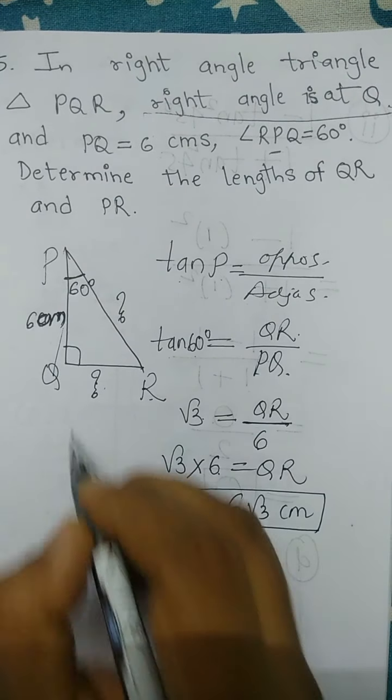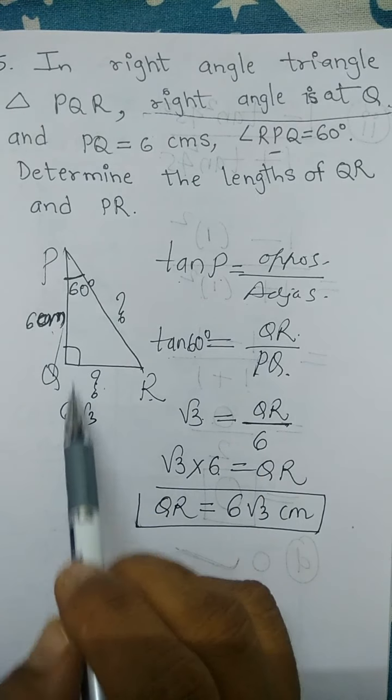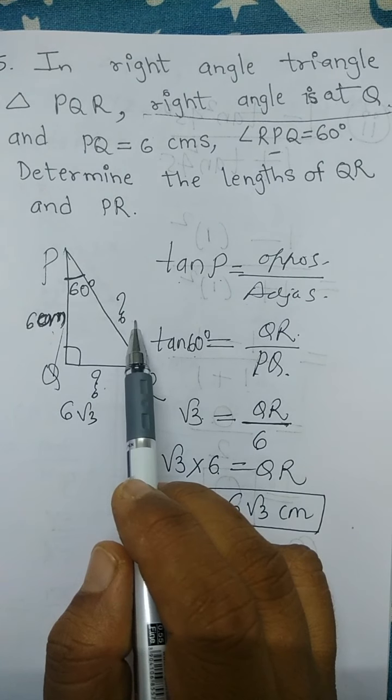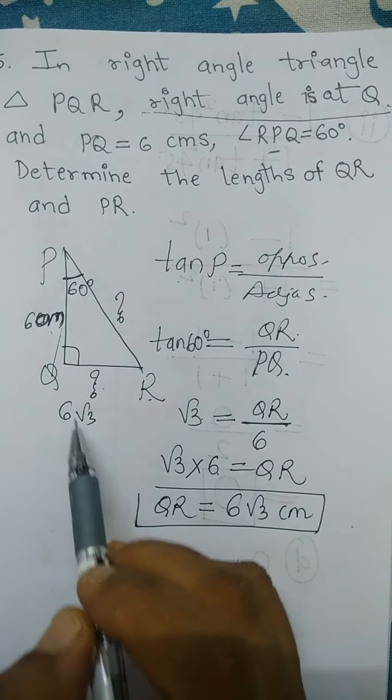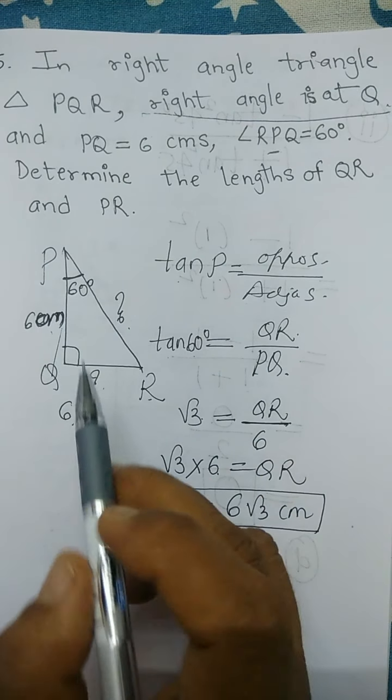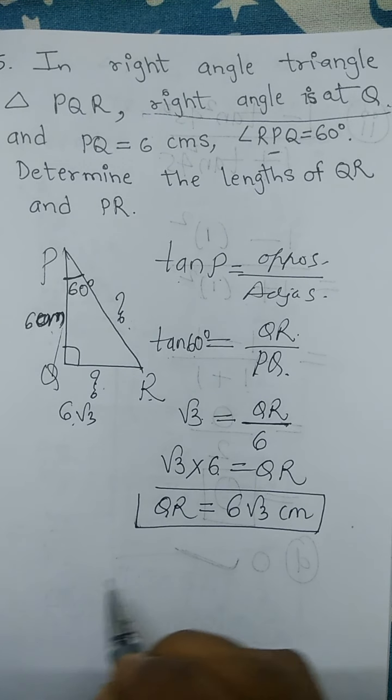Now if you want, you can use Pythagoras theorem for finding the hypotenuse, or you can use any other ratio. Let us use the ratio opposite upon hypotenuse, or you can use adjacent upon hypotenuse.